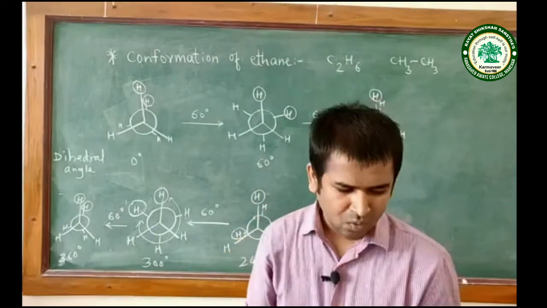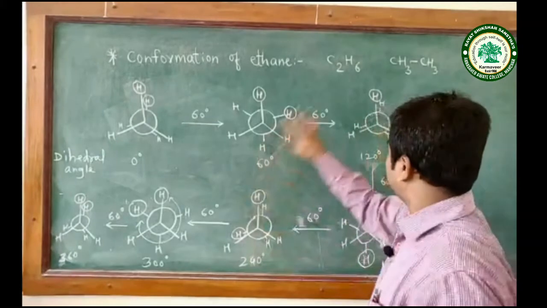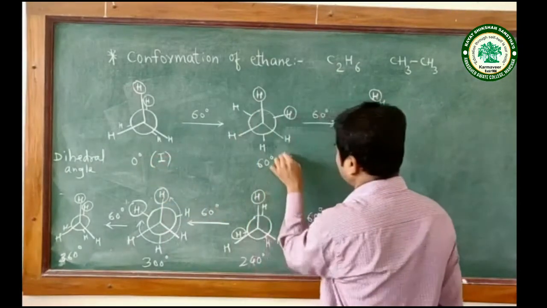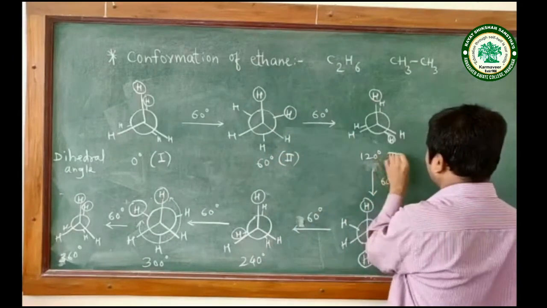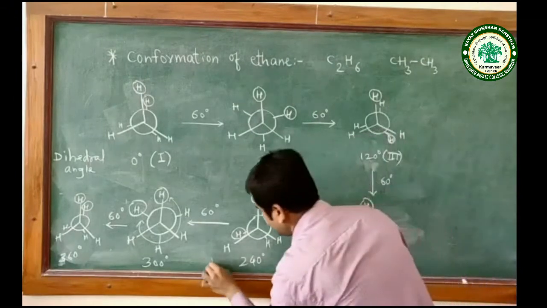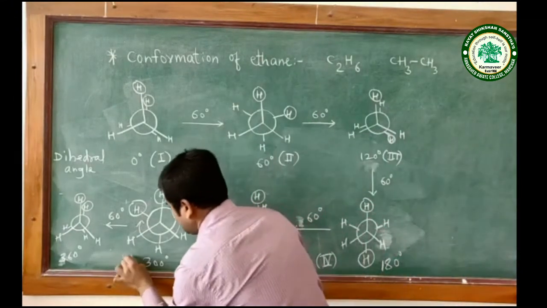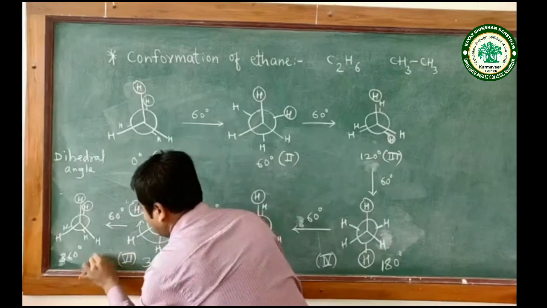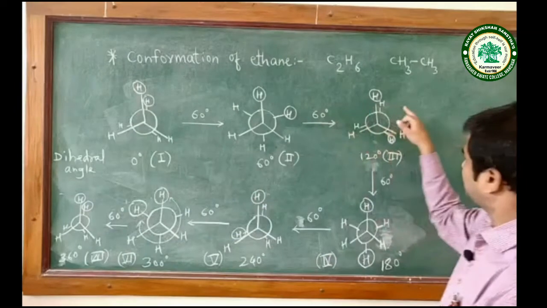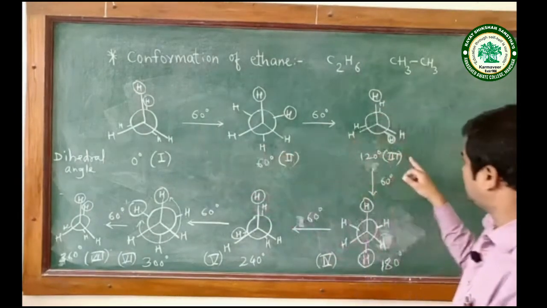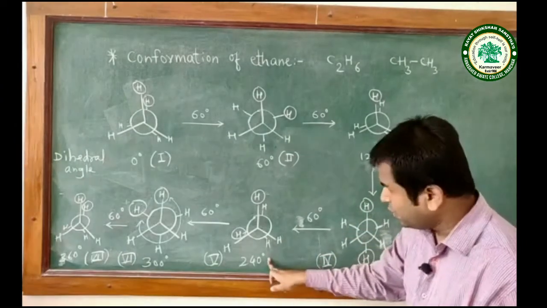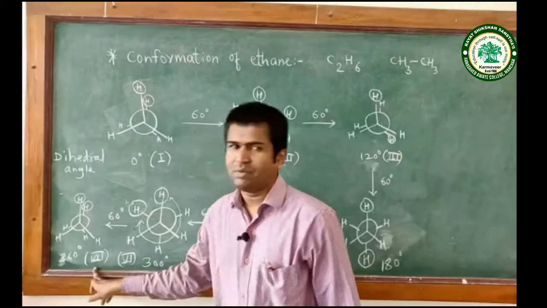Getting this? Now, by observing these structures, we can observe that in case of ethane, we get only two types of conformations, that are eclipse conformation, structure number 1, structure number 3, structure number 5 and structure number 7.